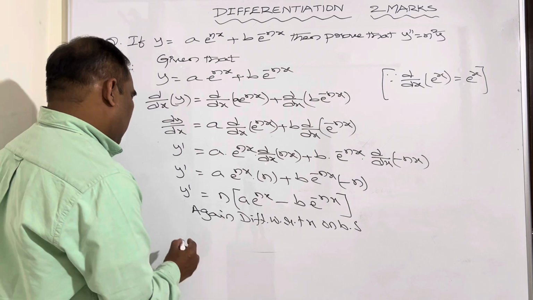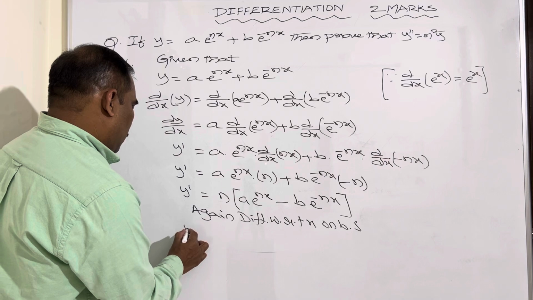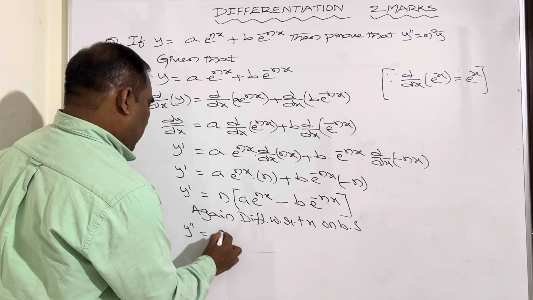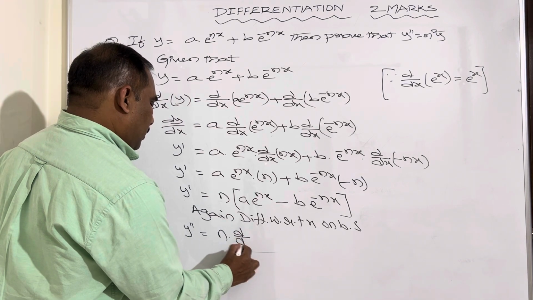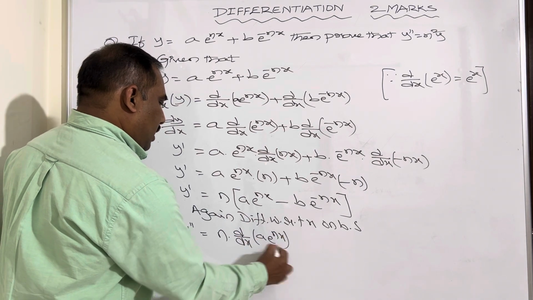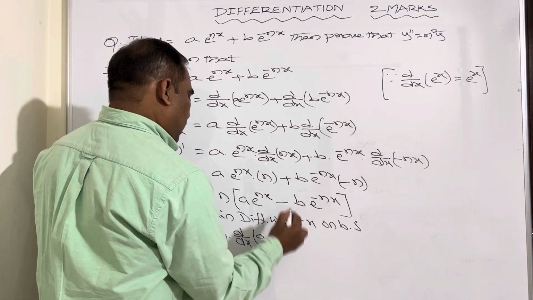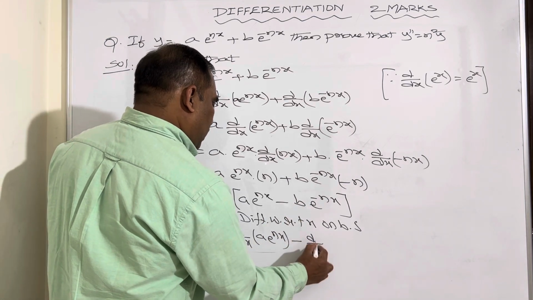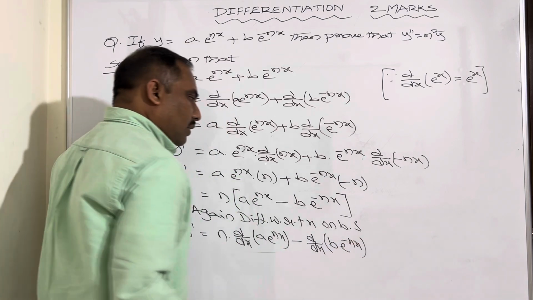we get the derivative of y dash, the second time we are doing the derivative, so that is y double dash, is equal to n, which is a constant, into d by dx of a e to the power of nx, minus, b is also a constant, so d by dx of b into e to the power of minus nx.